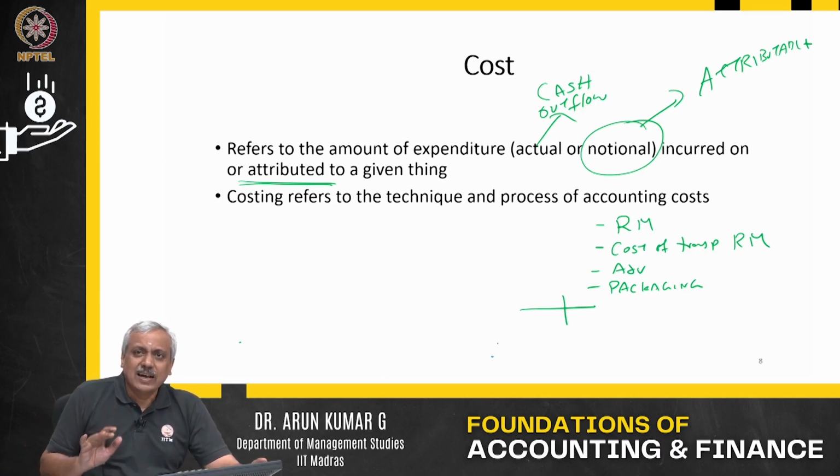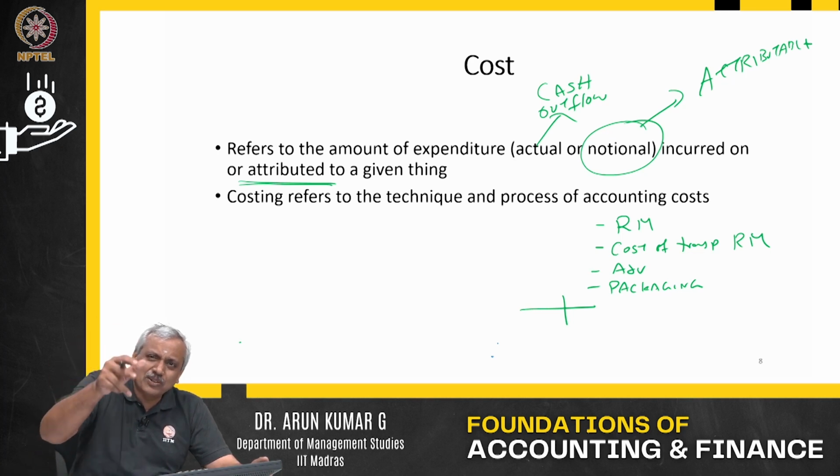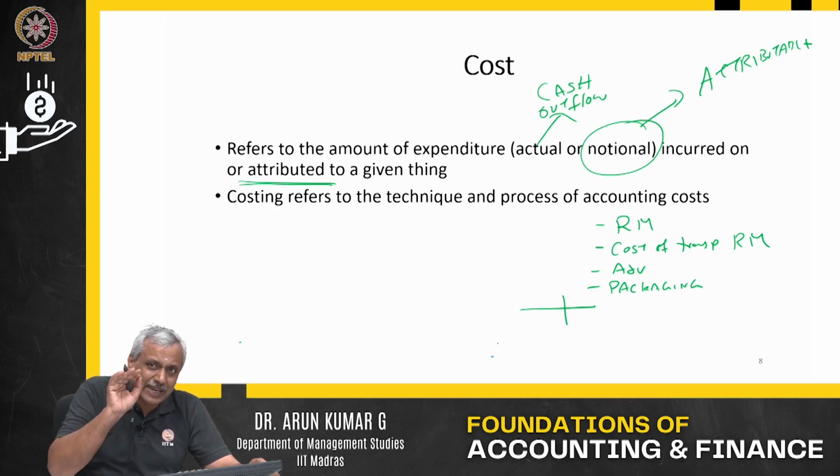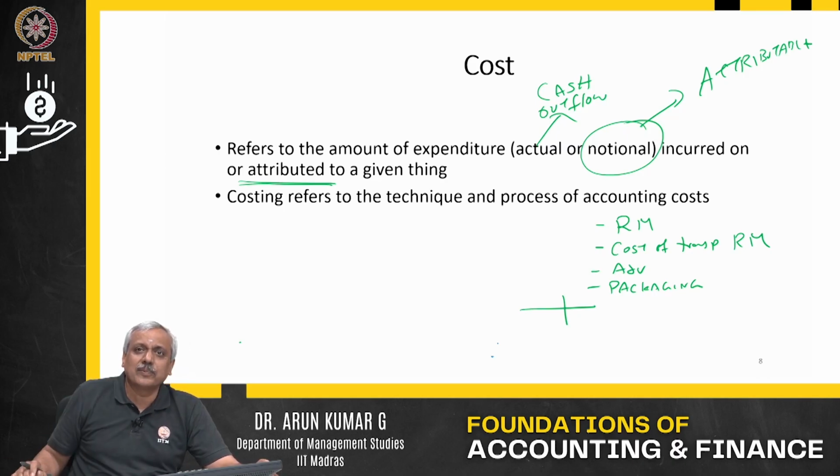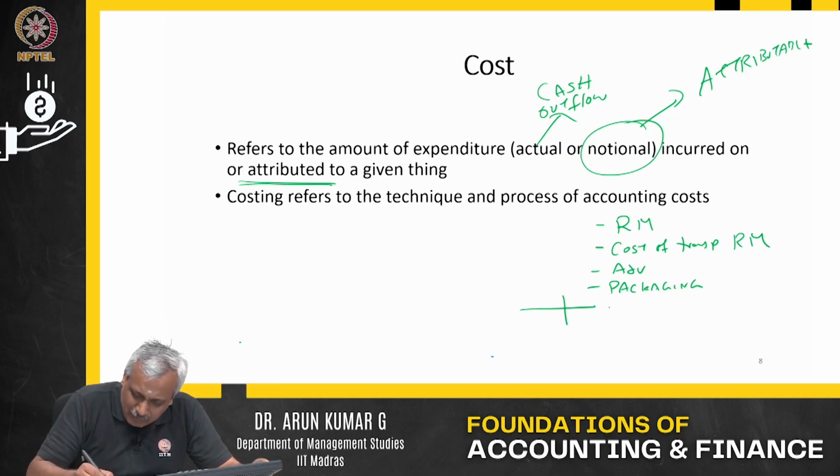But had you hired somebody to manufacture the toy, what is the amount that you would have paid? Please note, I repeat. Had you hired somebody in that place to manufacture the toy, what is the amount that you would have paid? Now, that is what we call the notional cost of labor.